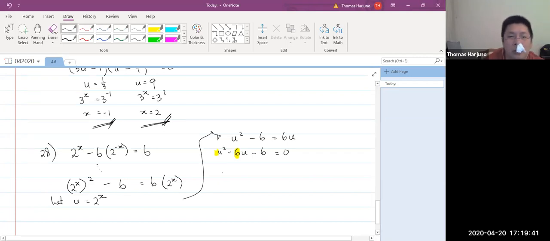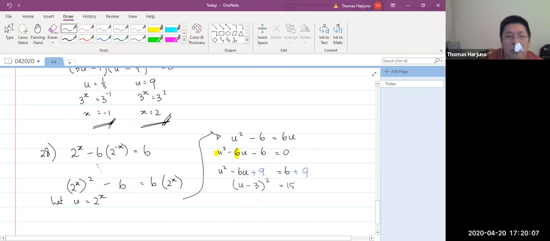Okay, so u squared minus 6u equals 6. What number do I add to both sides to complete the square? That's right. I will add 9 to both sides. Then we get (u minus 3) squared equals 15.